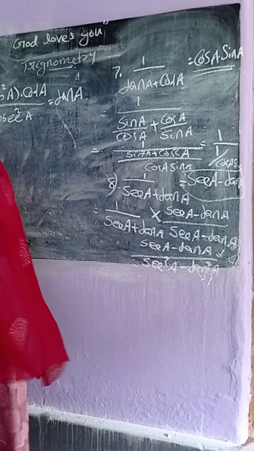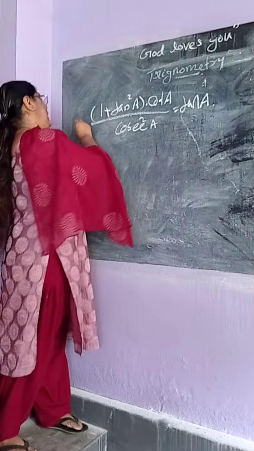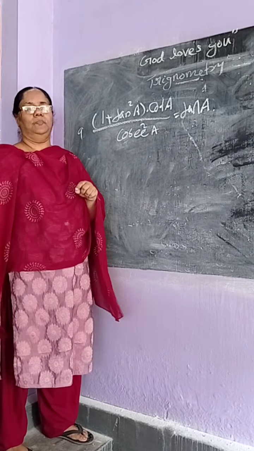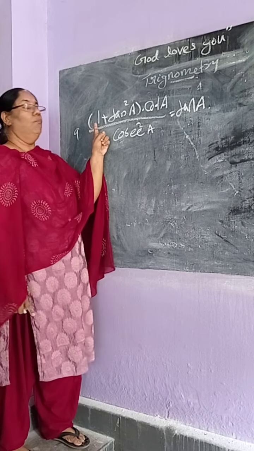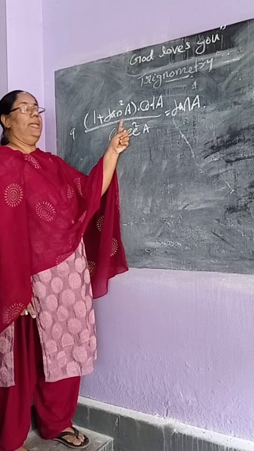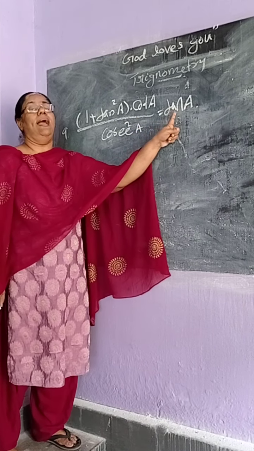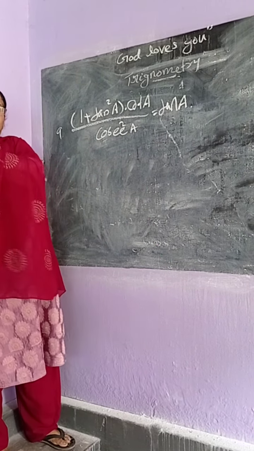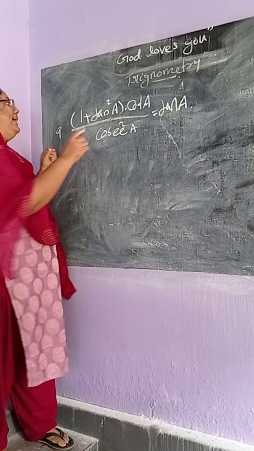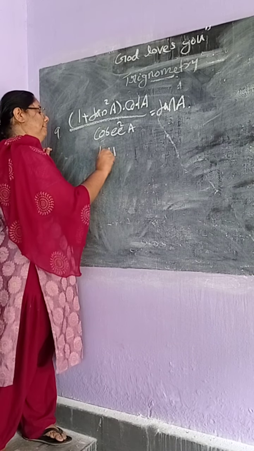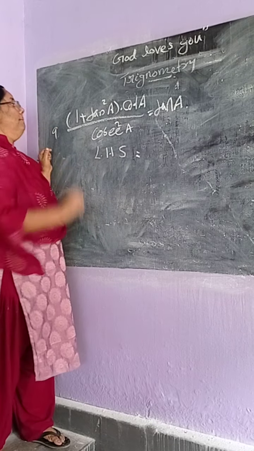One more question. Next question, I think the 9th question. Copy the question: 1 plus tan square A into cot A by cosec square A is equal to tan A. Take the LHS.